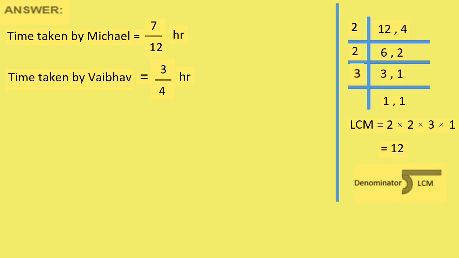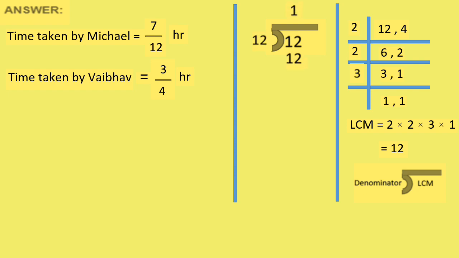Now I will convert into like fractions. First I will find the quotient for 7/12. 12 is the LCM and this 12 is the denominator, 12 1s are 12. Next for 3/4, 12 is the LCM and 4 is the denominator, 4 3s are 12, 12 minus 12, 0. I got the quotient.